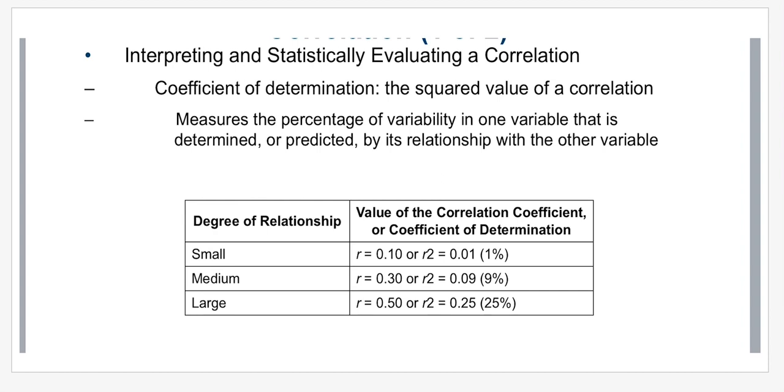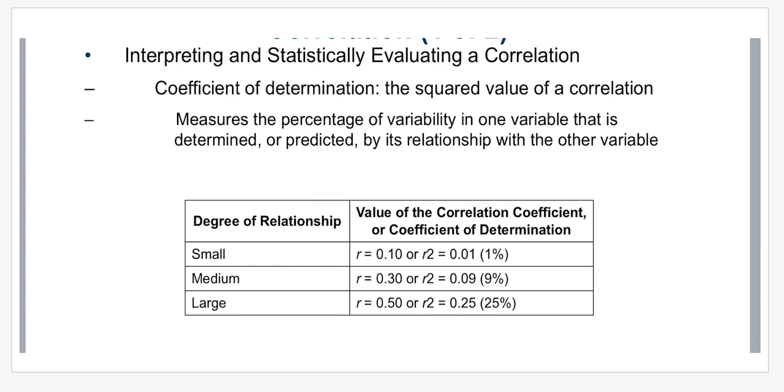If you square 0.8, you get 0.64. So R squared would be 0.64. That's 64%. So we would say that 64% of the difference in GPA, the changes, the variation in GPA, can be predicted by the differences in the IQ variable.